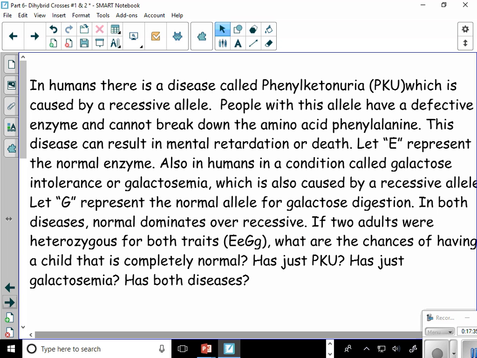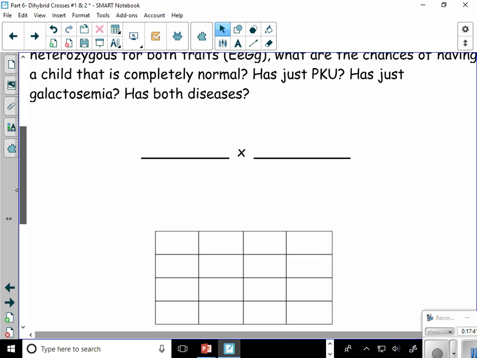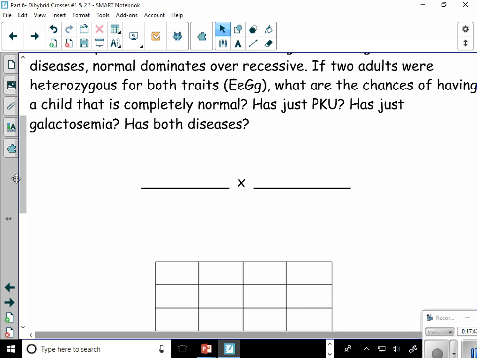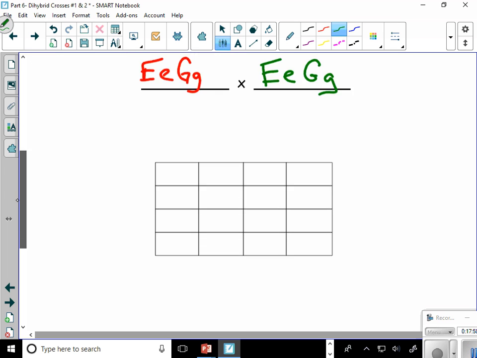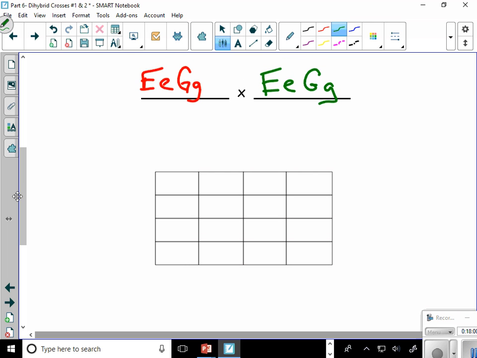Okay? So, you're going to be doing a dihybrid cross of two heterozygous, EeGg with EeGg, right? So once again, can you FOIL that?